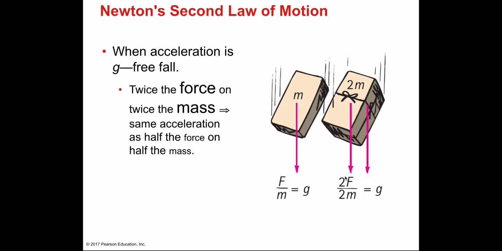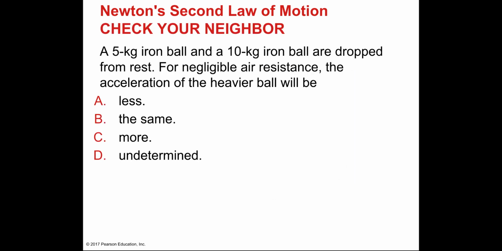Let's say you double the force, it becomes 2F, and you double the mass, it becomes 2m. 2F divided by 2m, the 2s cancel one another, and it still gives you the g that you had initially, because force and mass are directly proportional. So if anything happens to mass and that same thing happens to force, it will produce no effect.